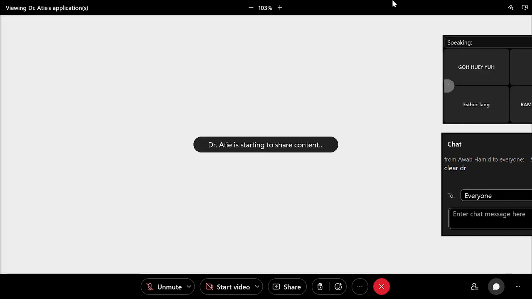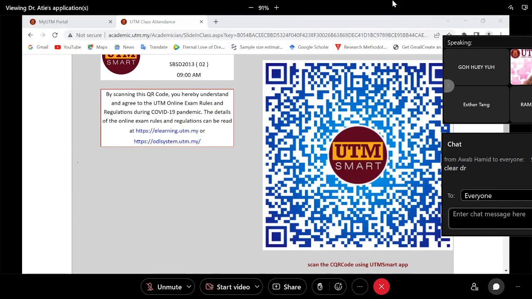Section 2 first. Once you scan, you can leave the session. Thank you very much. See you on Sunday.